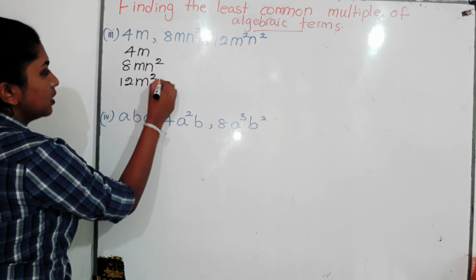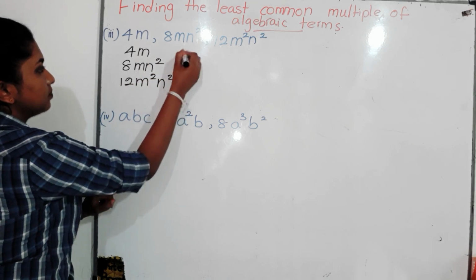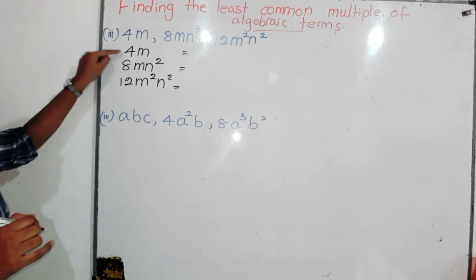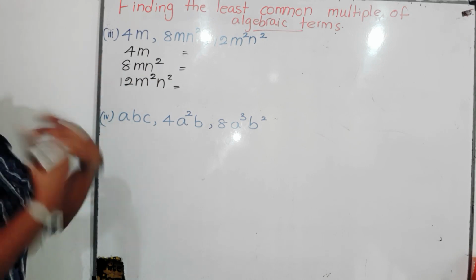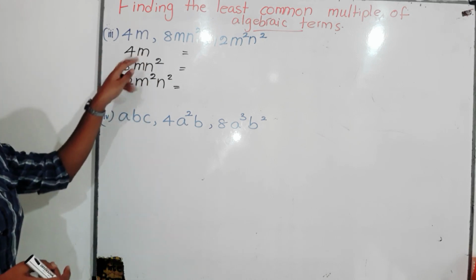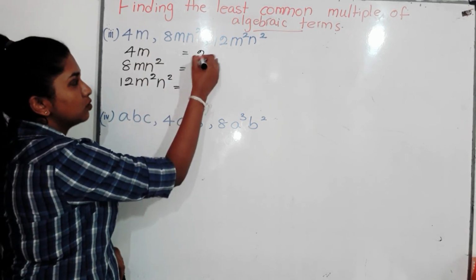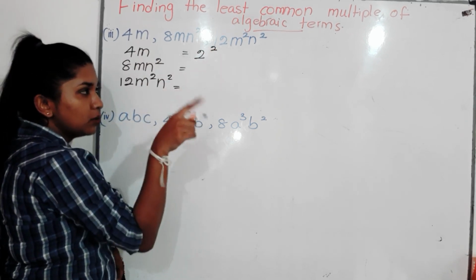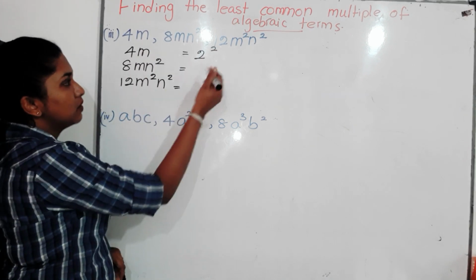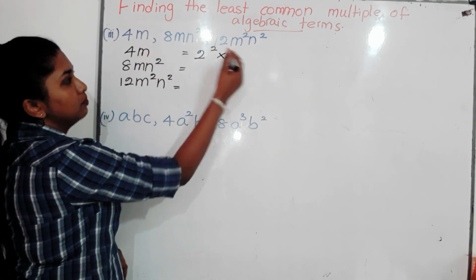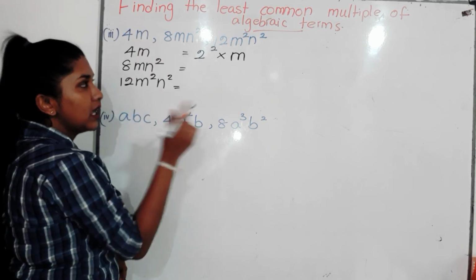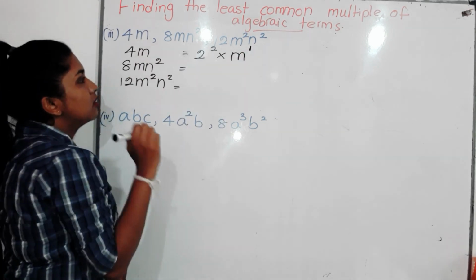Then we have to write all the numbers in index notation. 4 can be written as 2 to the power 2. And m, there's only one m, so we can write m to the power 1.